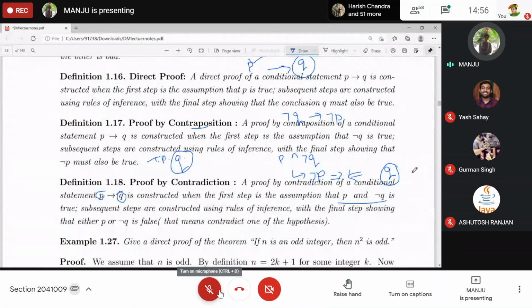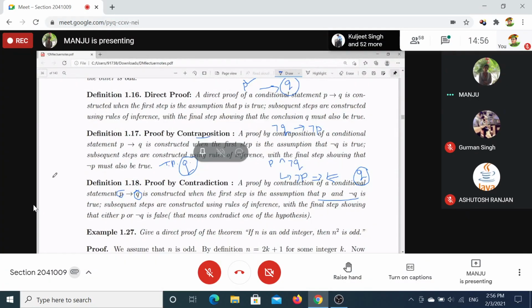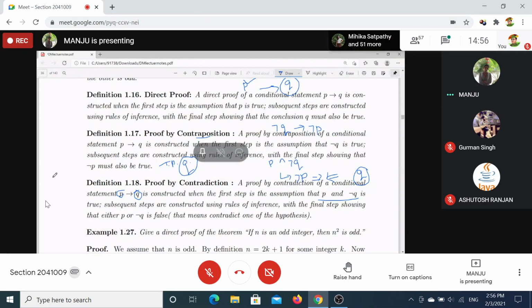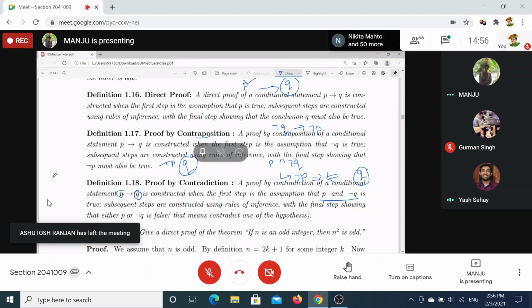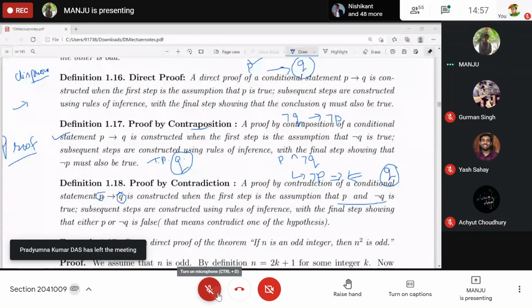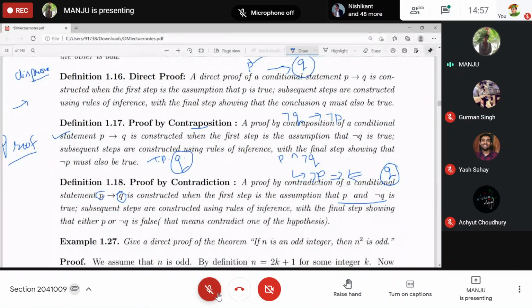If you want to prove or disprove something, for disproving, a counterexample will help.